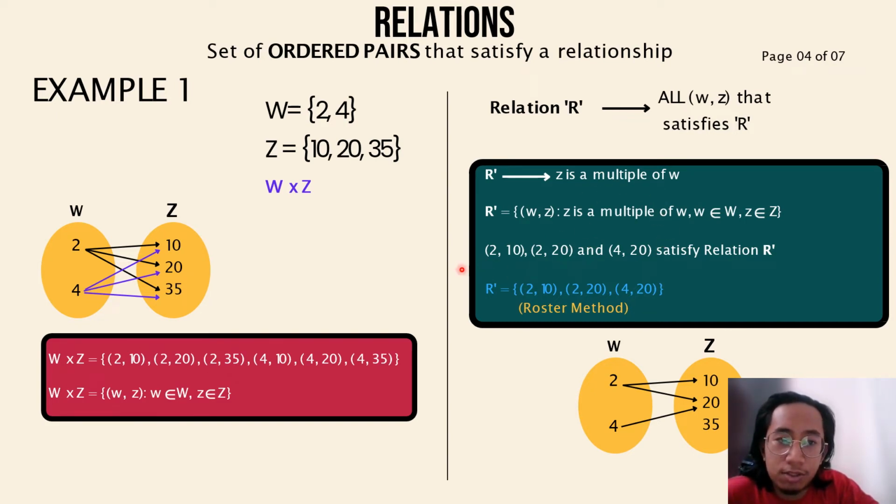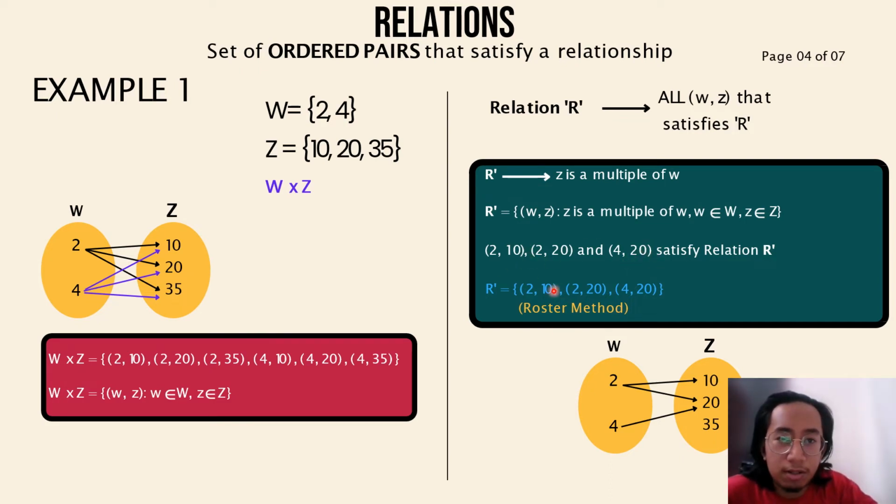So now let's choose the ordered pairs from the Cartesian product W cross Z here. Notice that 10 is a multiple of 2, and 20 is a multiple of 2, and also 20 is a multiple of 4. So we get the ordered pairs (2, 10), (2, 20), and (4, 20), such that every ordered pair satisfies the relation R dash, where z is a multiple of w.